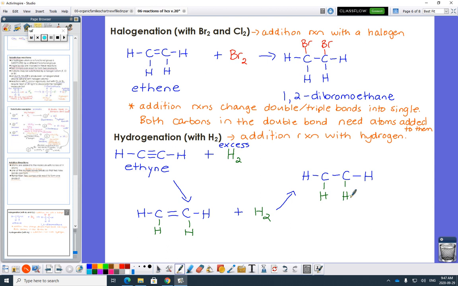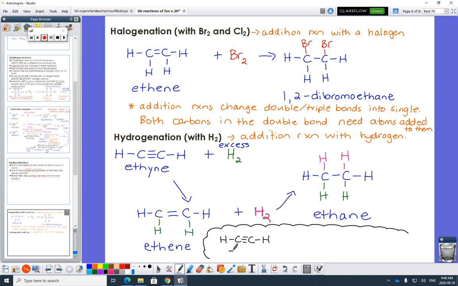Actually, I'm going to make this a different color. So if you prefer to just do one step, then how many hydrogens do we need? 1, 2. You can do that as well, okay?